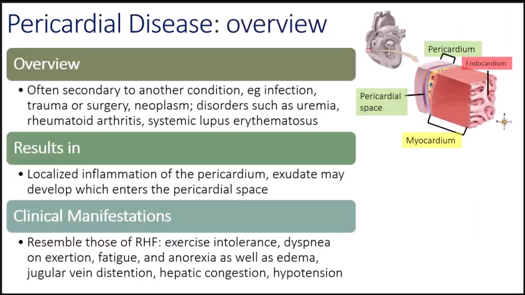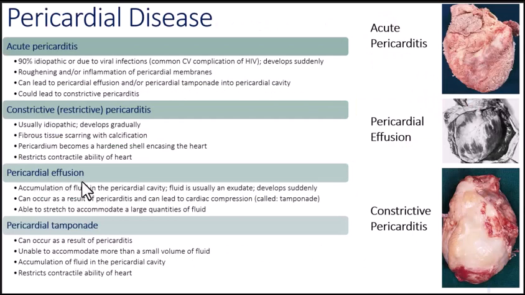Pericardial effusion. If we go back to this slide and we look at the pericardial space where we know there should just be a little bit of fluid here that helps prevent friction, what we see with pericardial effusion is that there's an accumulation of fluid within the pericardial cavity, and the fluid is usually an exudate. And I mentioned on the last slide that an exudate is a fluid that leaks out of blood vessels into nearby tissues or into an area. And the exudate is going to contain a bunch of different things.